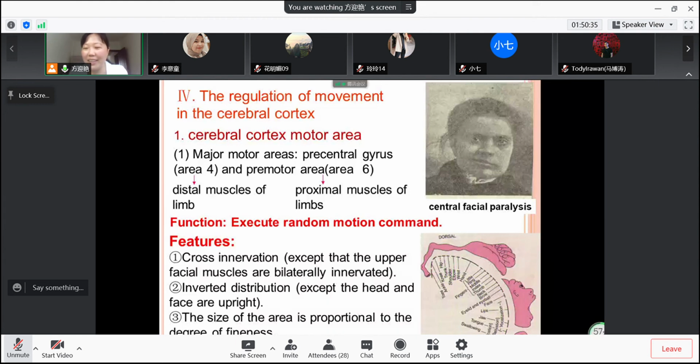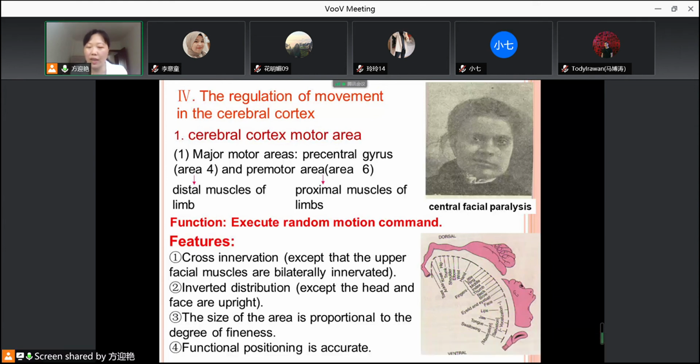Take our head: we smile or cry, and smiling and crying are controlled by muscle movement. If the muscle movement is a different degree, it can show different emotions.